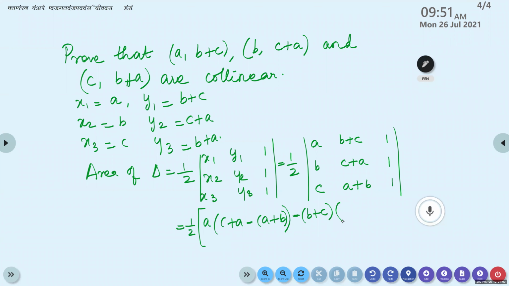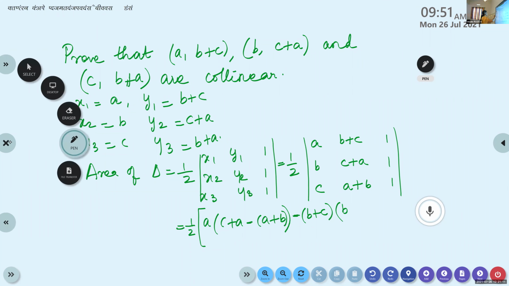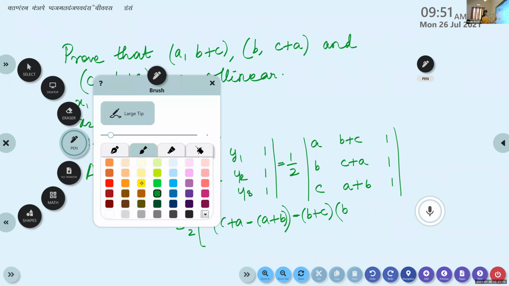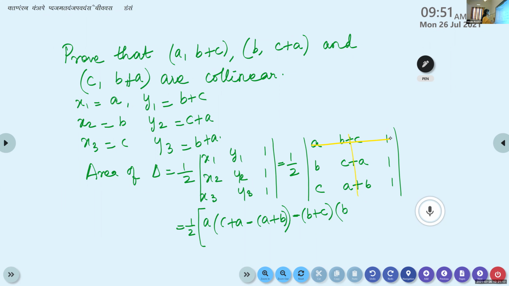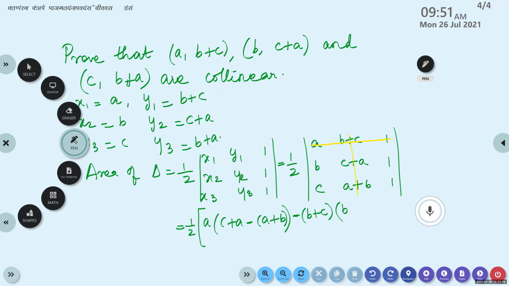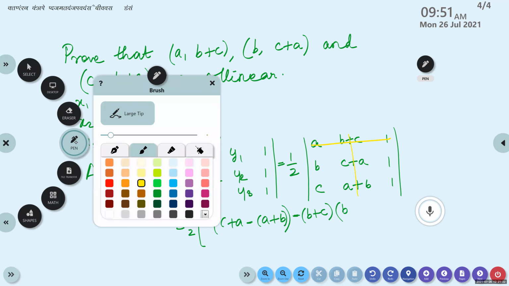How is it a plus b? If we leave this row and column, check it. If you leave this row and column, what you will get?